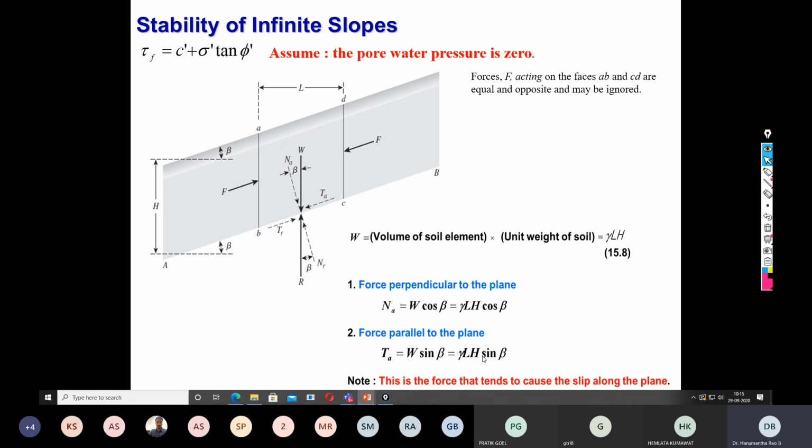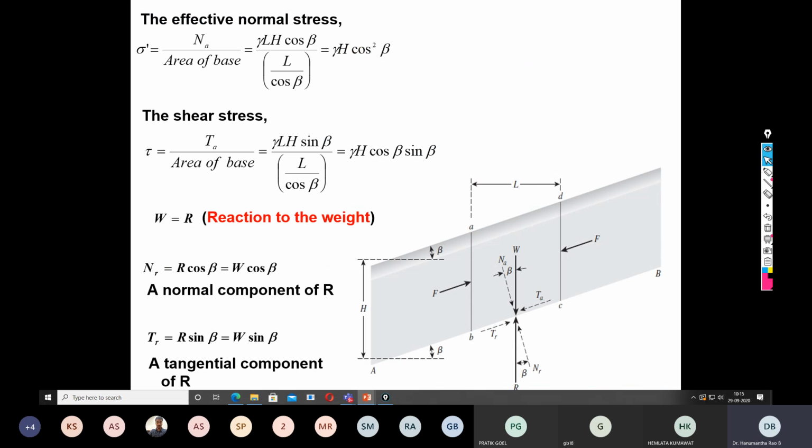This TA is causing the shear stress within the soil mass.